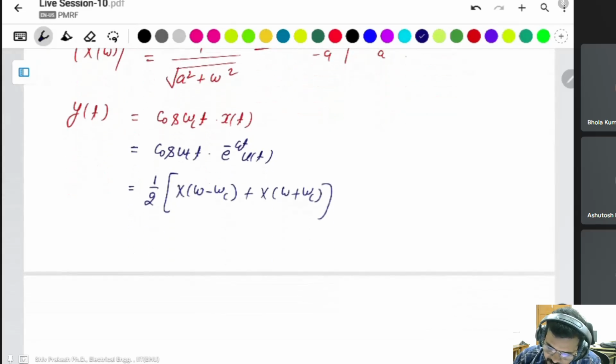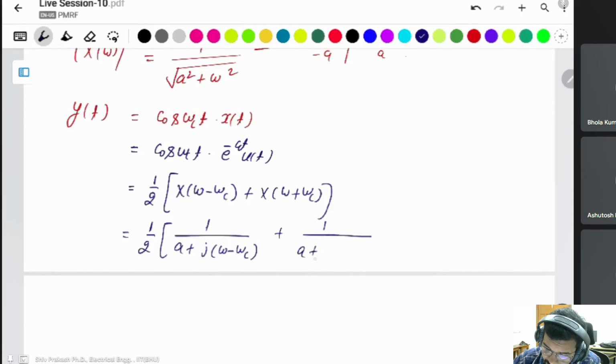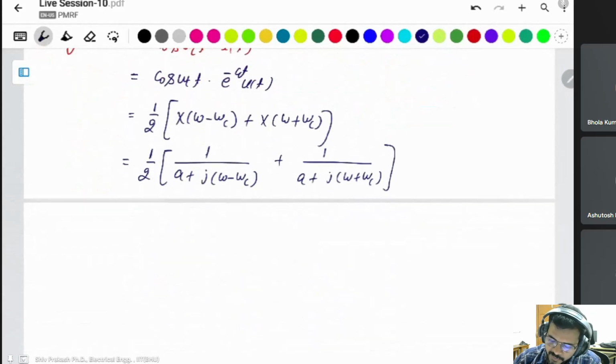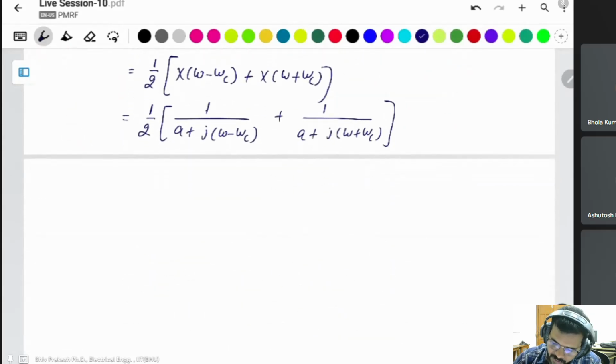The omega is shifted by omega c. This will be a half of 1 divided by a plus j omega minus omega c, plus 1 divided by a plus j omega plus omega c. This is a single waveform; if you multiply by a cos function, it will be double of this one.